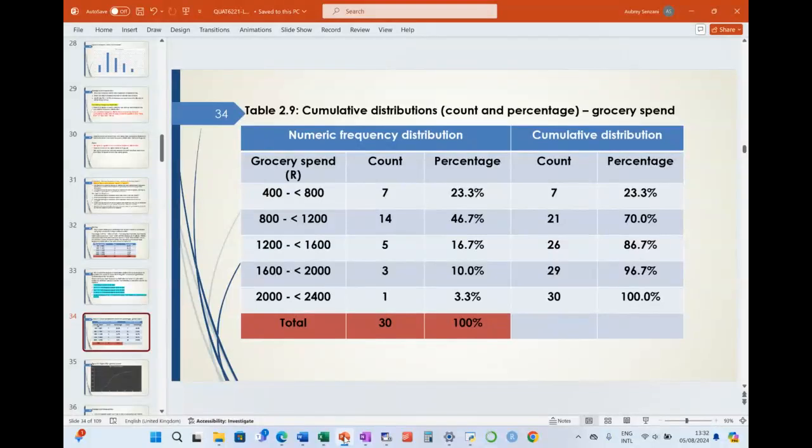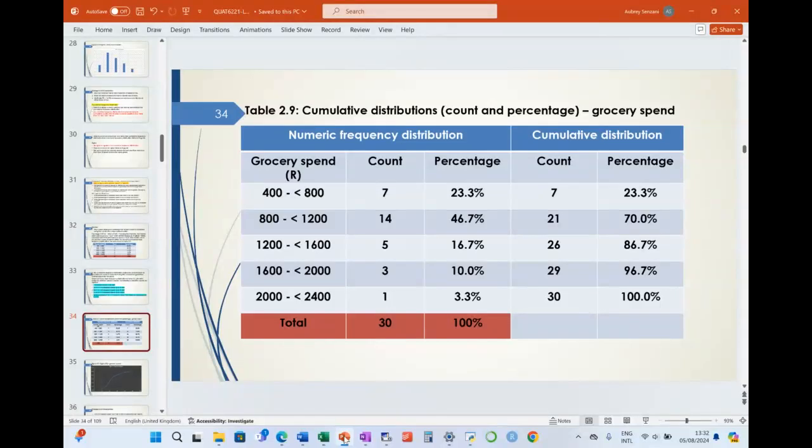There's your frequency distribution, then here's the cumulative aspect. Can you see here, first from 400 to less than 800, we have 7. But now we look at it as less than 1,200, we have 21. So we're basically including the first group and the second group. Can you see that?